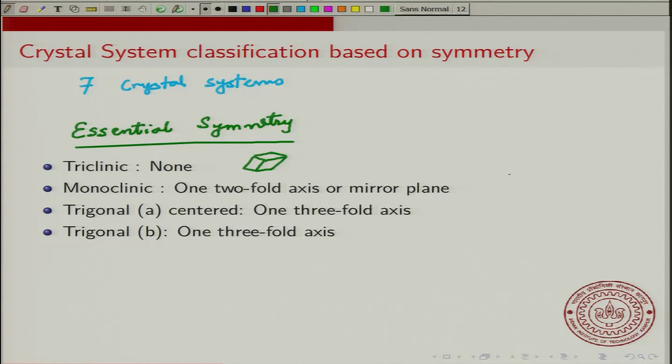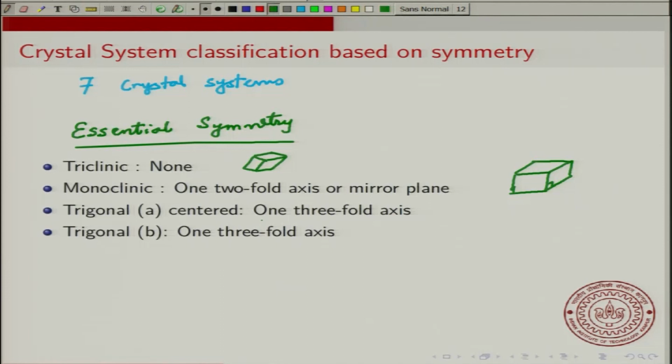So you had something like this, this was 90 degrees, and you had some other angle which was not 90 degrees. So basically two of the three angles were 90 degrees and one of them was not, and again there was no restriction on A, B, C. And the essential symmetry is that it should have one two-fold axis or a mirror plane.